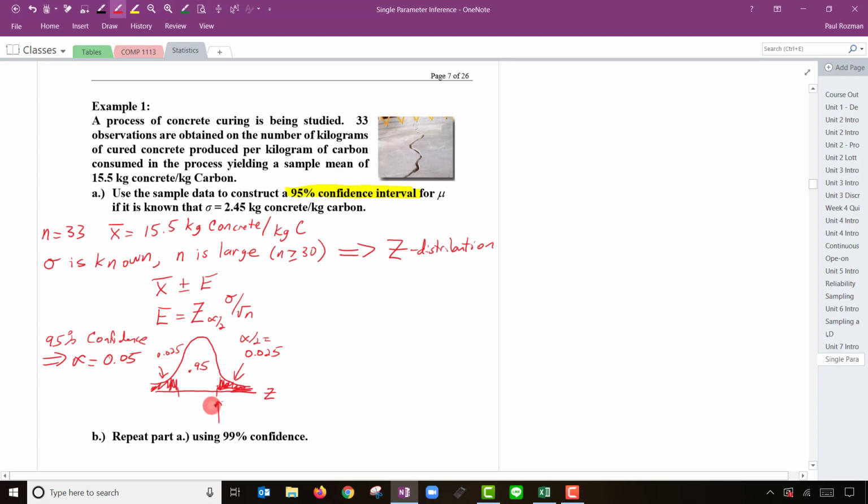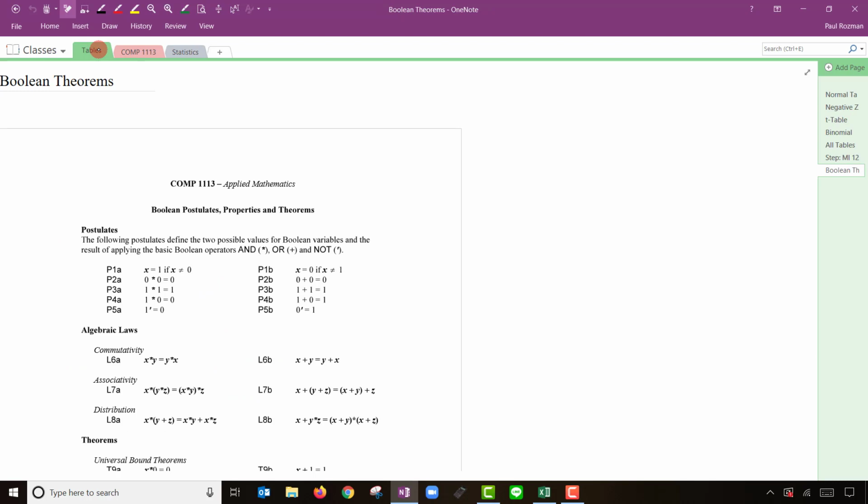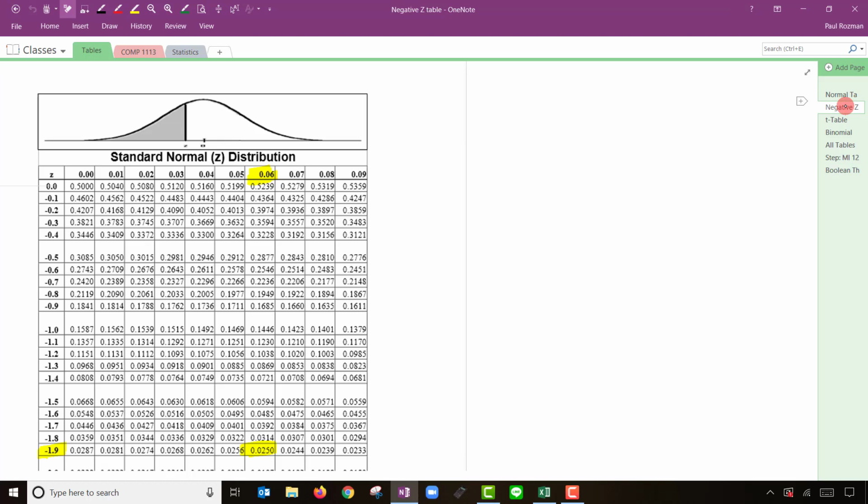If I had my z table that was negative, then I'd have a fighting chance. I could just look up 0.025 in my negative z table, and I'll get negative 1.96. But let's look this up. I do have a negative z table. Oh, sweet.